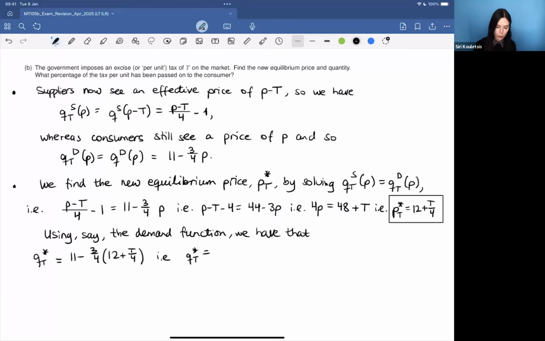And we see that we are left with 2 minus 3T over 16.